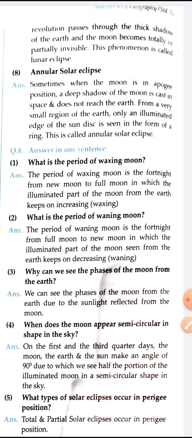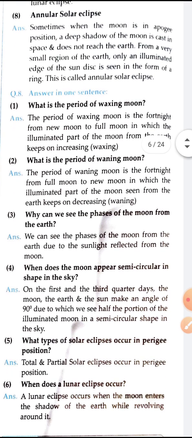Understood? Now next one. Why can we see the phases of the moon from the earth? We can see the phases of the moon from the earth due to the sunlight reflected from the moon. Now when does the moon appear semicircular in shape in the sky?